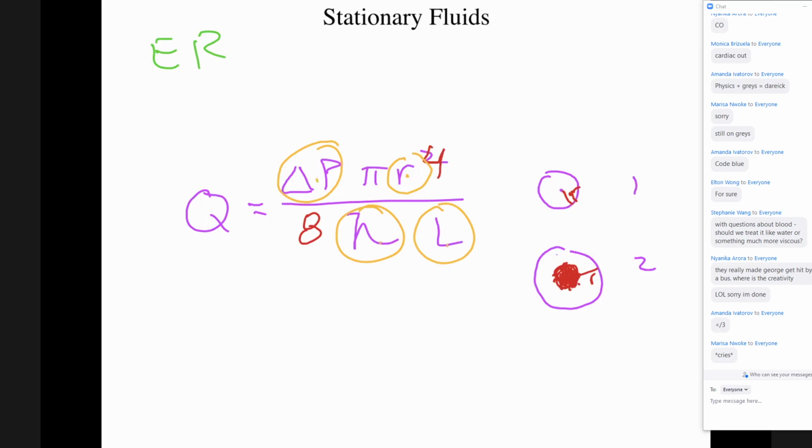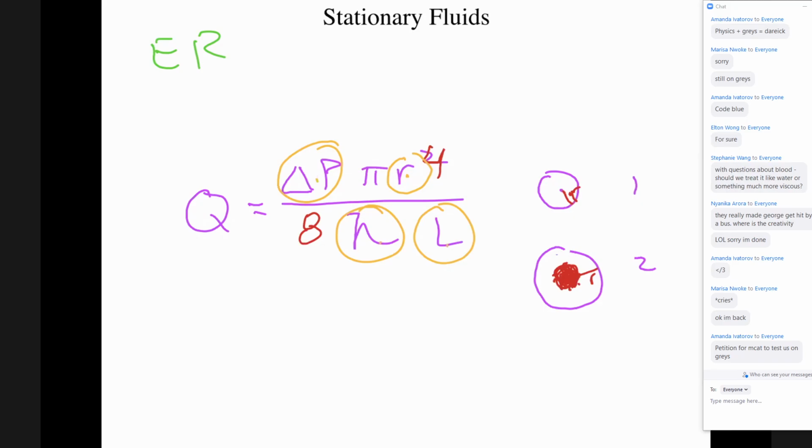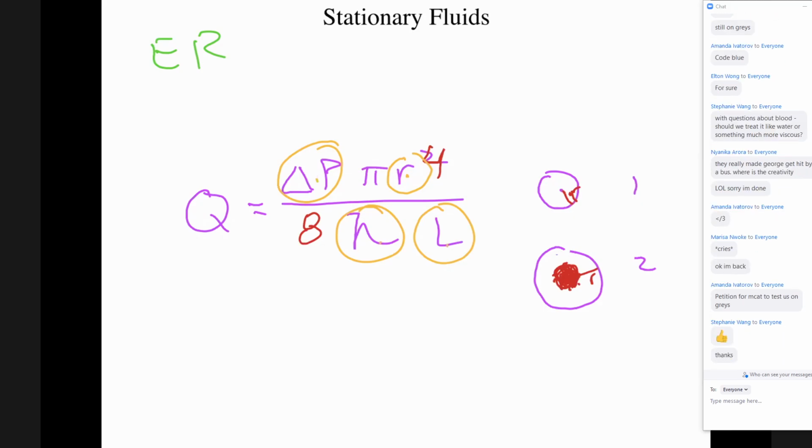Now we know because of the reduced compressibility of some of the components in the blood, the platelets and cells and some other things, that it's not perfect. But for our purposes on the MCAT, blood is basically thicker water. So treat it that way.